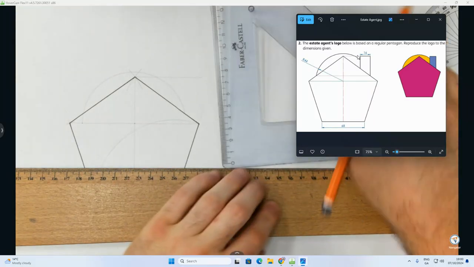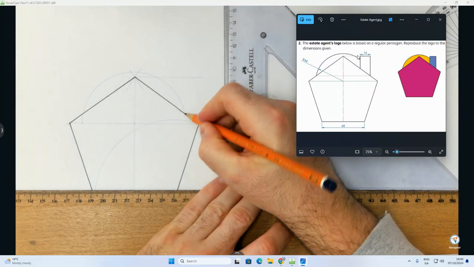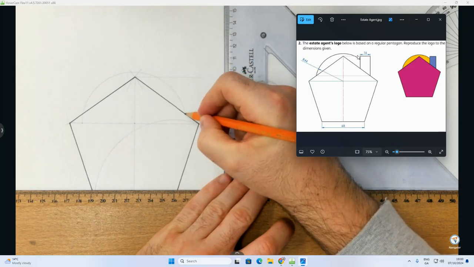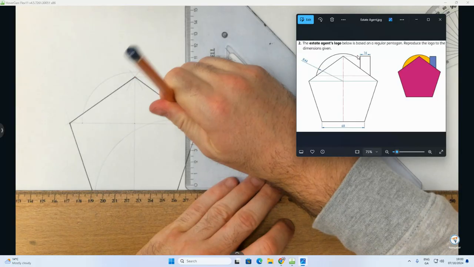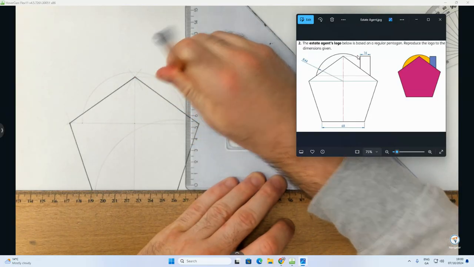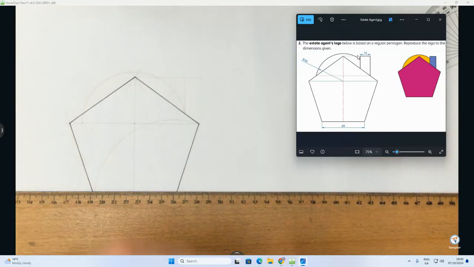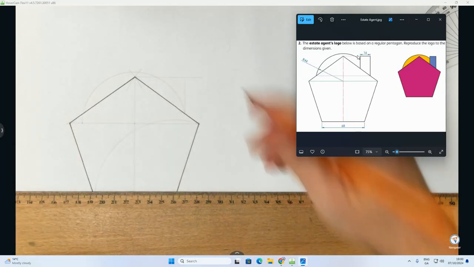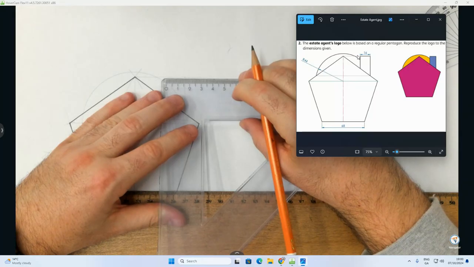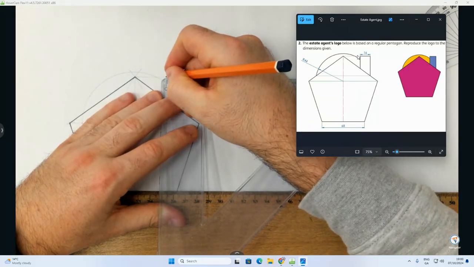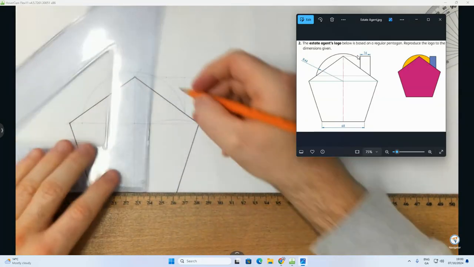And then from this point here, where the arc cut through, or it could be that one, it's your choice. Because it's symmetrical, I'm going to use this one. I'm going to do a line up. And that will dictate to me then, from this point right here, I have to measure 16 millimeters to the left. And there we go.